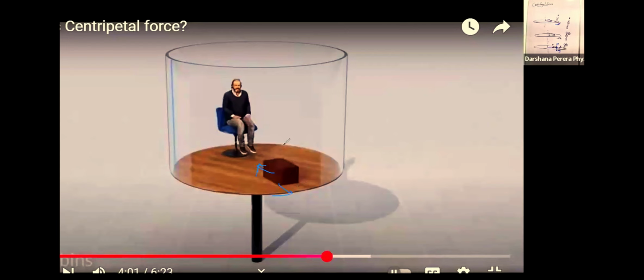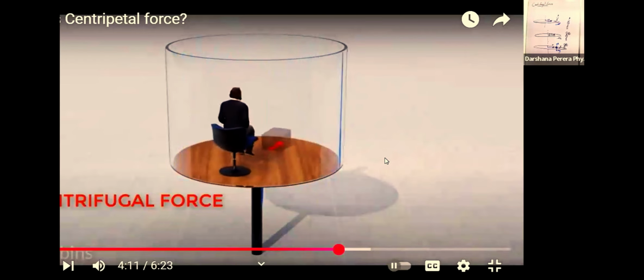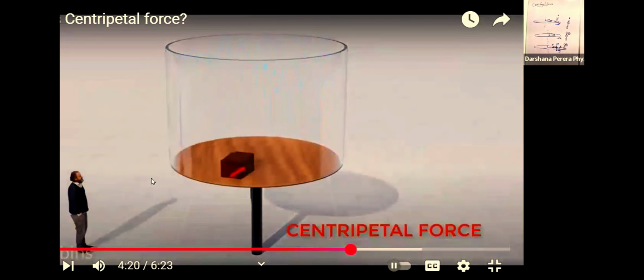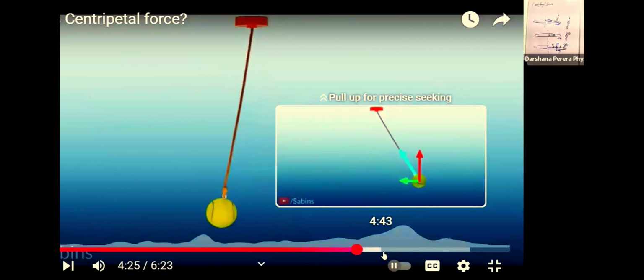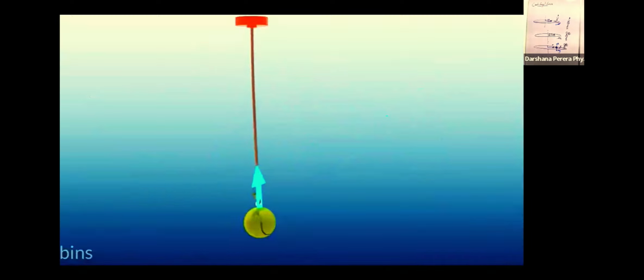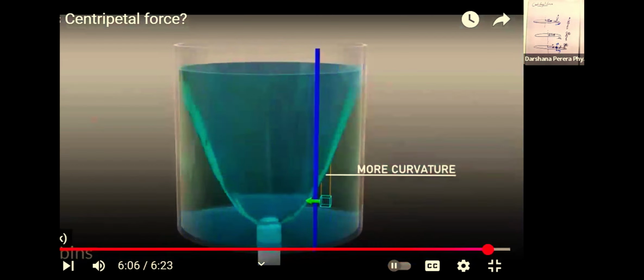That means he can watch the centrifugal force and the centripetal force also, right? He cannot be seen.